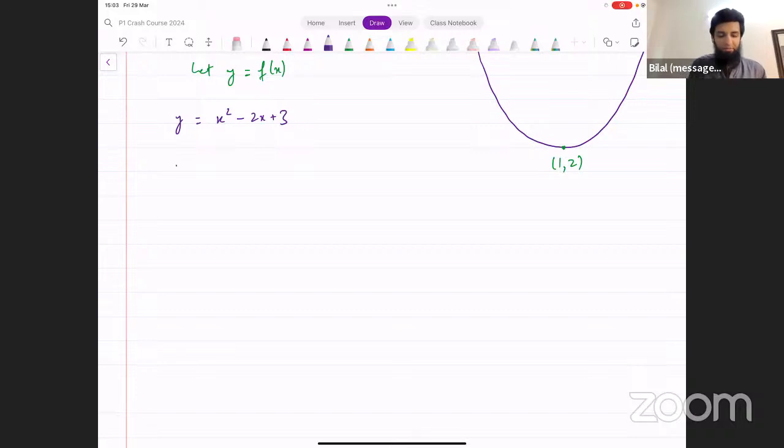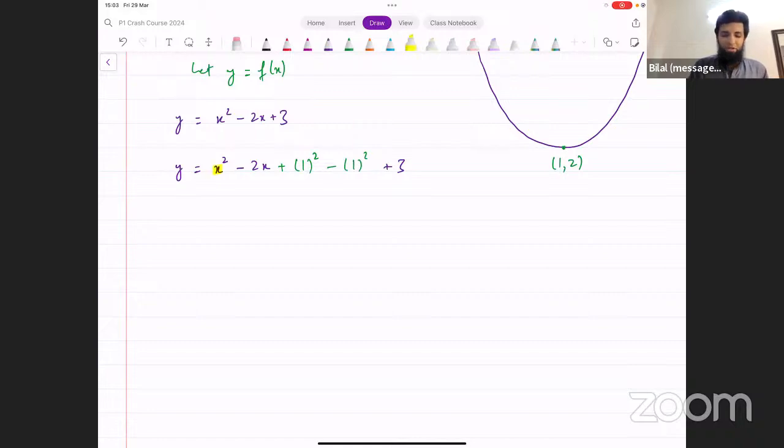So we say y equals x squared minus 2x. Leave some space. We have 3 at the end. Now, in the middle here, divide 2 by 2. That gives you 1. Square that. Add that number here. So you have plus 1 squared and also minus 1 squared.